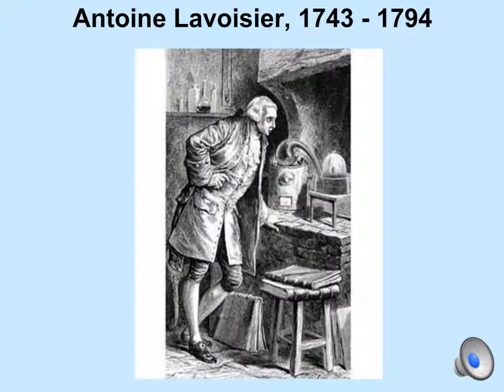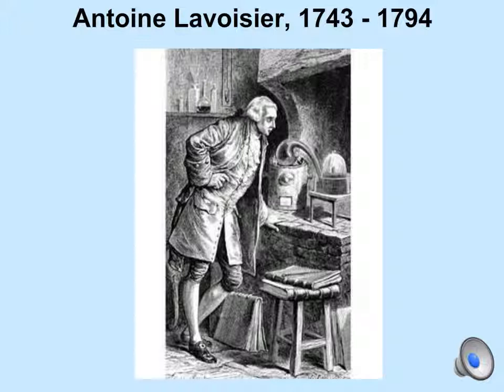I'd like to start off with a little bit of a story about Antoine Lavoisier, who lived in the 1700s in France. He was considered the founder of modern chemistry. He was the person who determined that water is made up of hydrogen and oxygen. And Lavoisier, like many scientists of his time, wore many different hats.